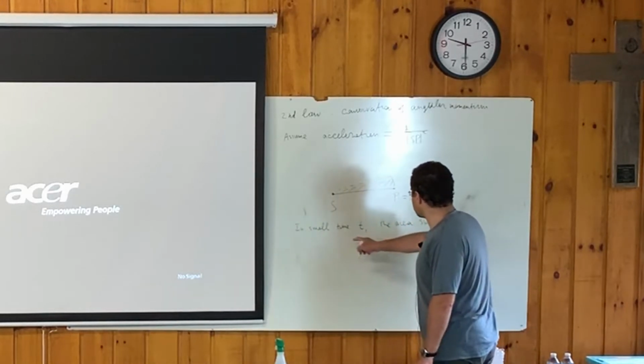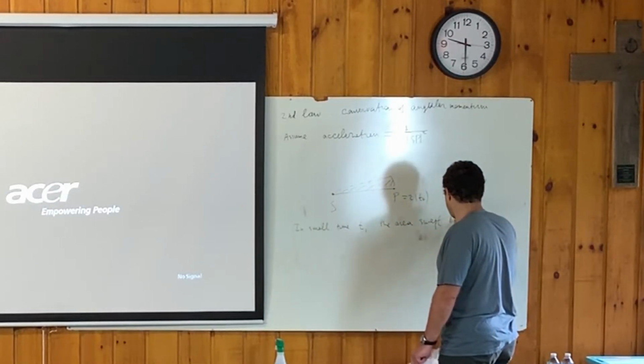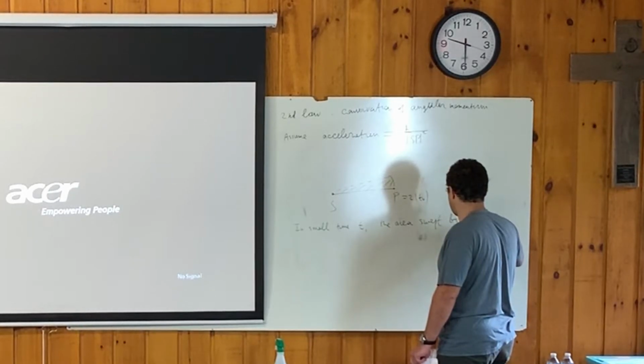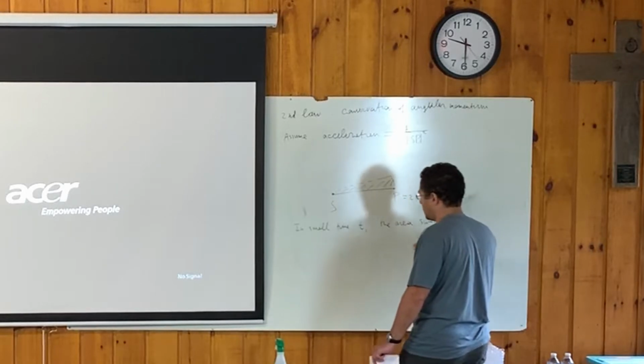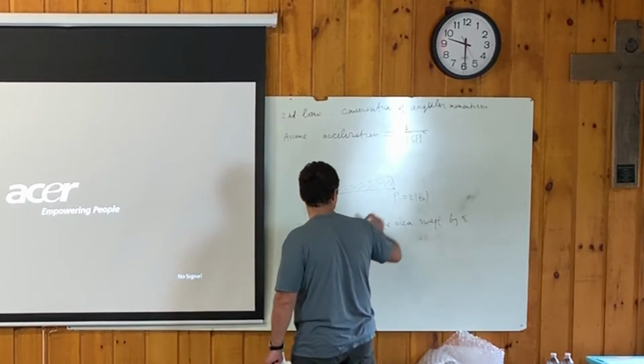So first of all, in small time t, the area swept by this R of t, this is R of t0, and this is R of t0 plus t, is approximately the area of the shaded triangle.